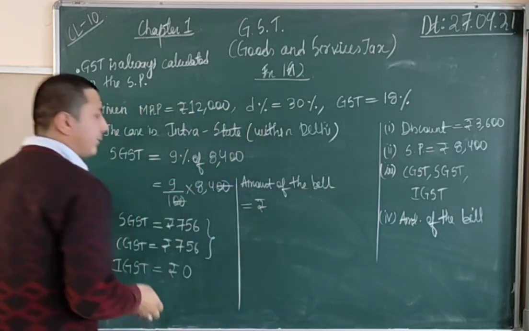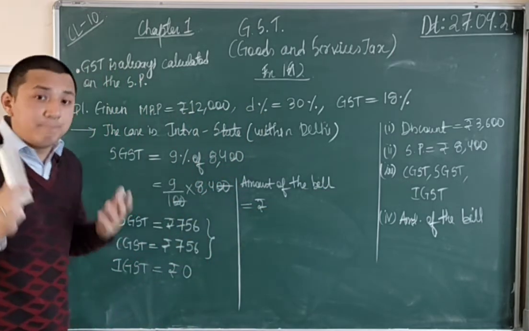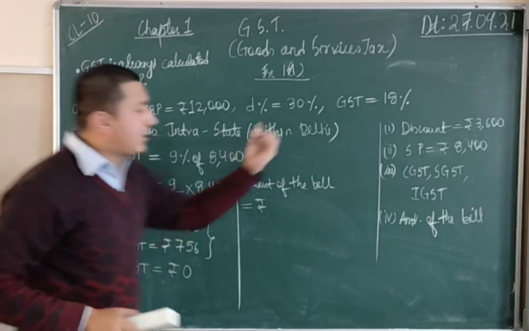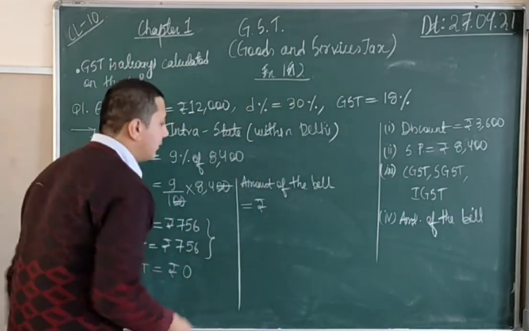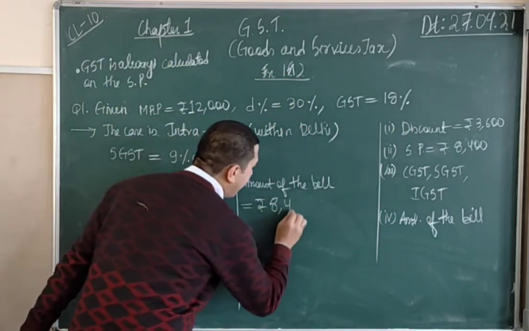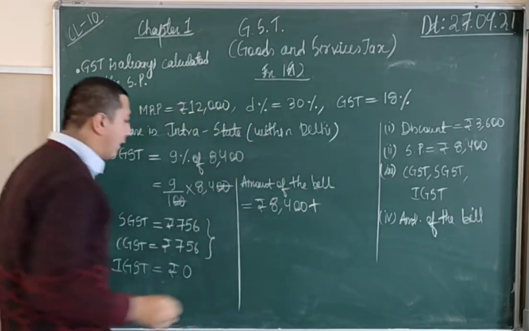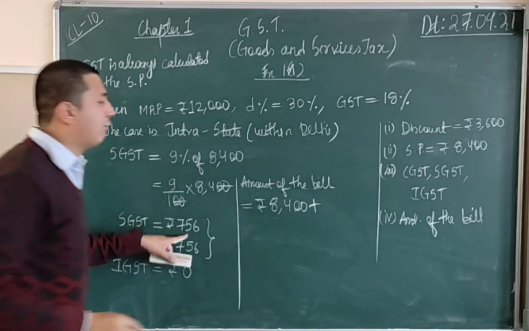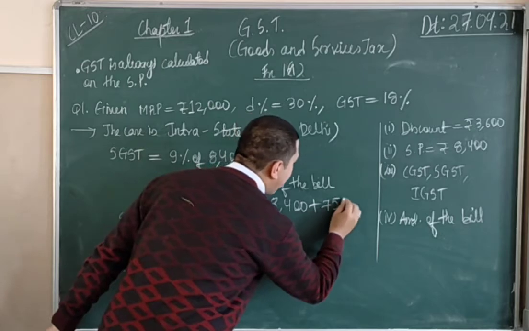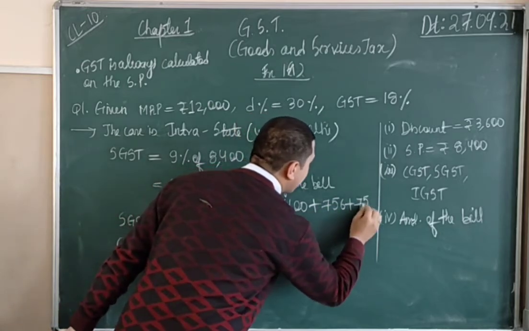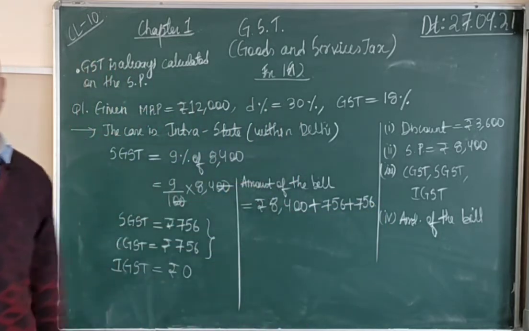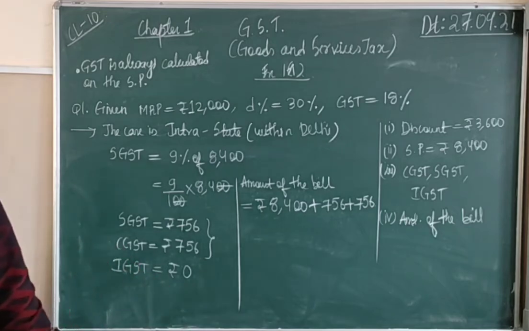See, amount of the bill means how much you have to pay now, how much you have to give. 8,400 you have to give. This too you have to give only. Plus you also have to give this 756 and 756 as well. This is your CGST. The other one is your IGST.